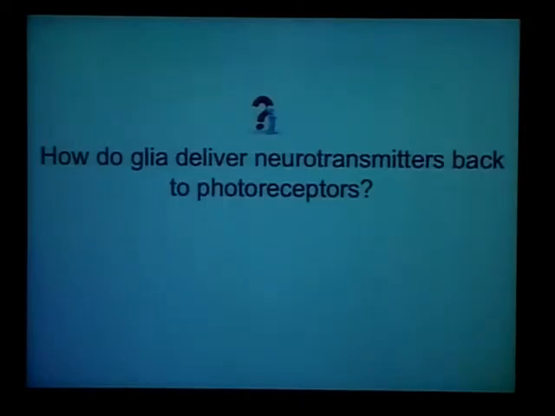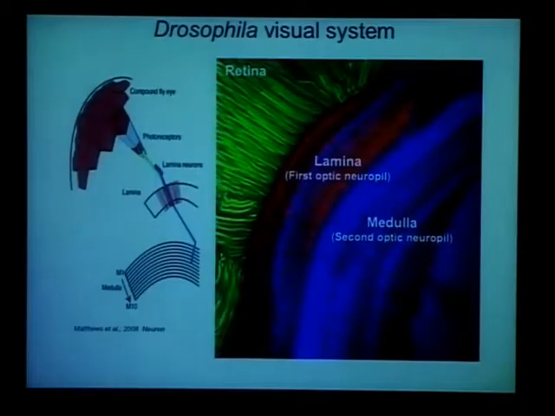The role of glia in this recycling is well known, but how glia deliver neurotransmitter back to photoreceptors is still unclear. So we are addressing this problem in the Drosophila visual system. It has two compound eyes. Each compound eye is made up of roughly 800 ommatidia, and each ommatidium is made up of 8 photoreceptors.